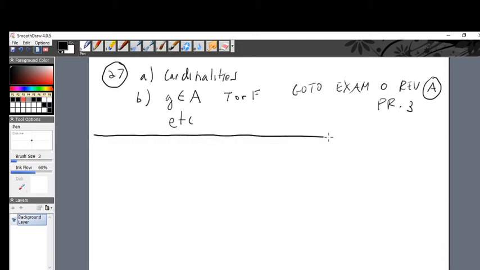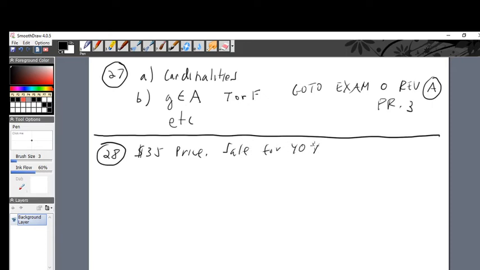Okay, let's go to problem number 28, which let's just do it together. It's a short one. Some item has a price of $35. But there's a sale, 40% off the price.